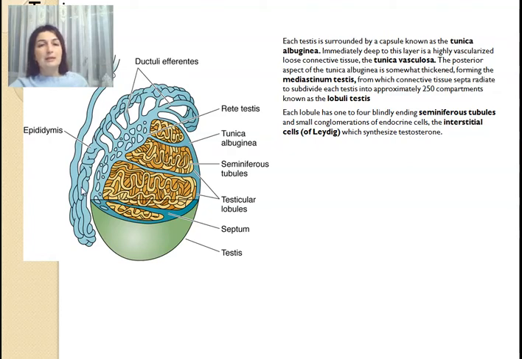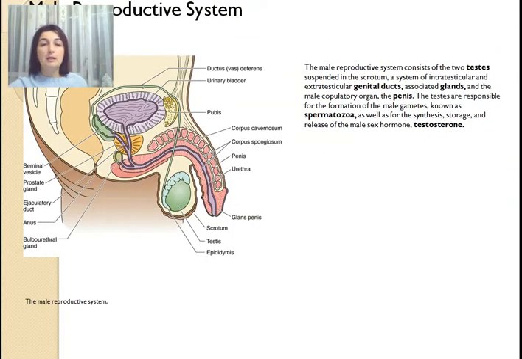If we characterize the parts of the male reproductive system, we should mention the seminiferous ducts which carry the semen. Then there are additional glands which may be paired or unpaired. The paired glands are the seminal vesicles and the bulbourethral glands, and the unpaired one is the prostate gland.